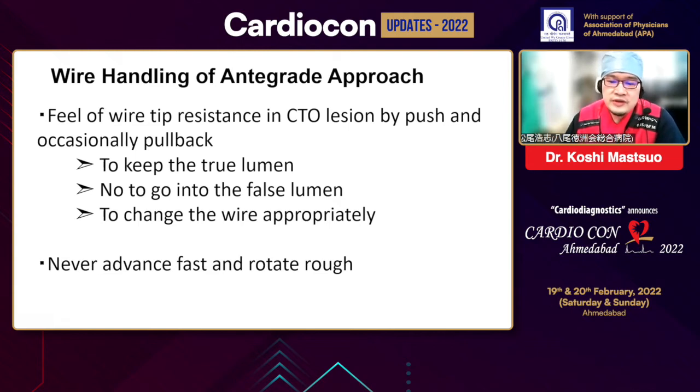You should feel the wire tip resistance in the CTO region during push and occasional pullback, to keep the true lumen, not to go into the false lumen, and to change the wire appropriately. It's a very important point. And another very important point is never advance fast and rotate roughly.